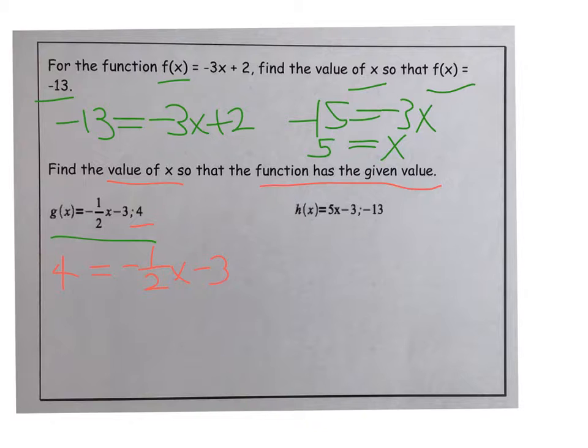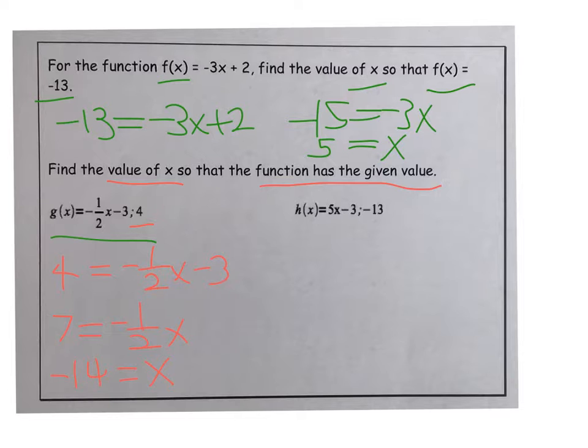So that means it's going to be this way. Then I'm going to add 3 to both sides. 7 is equal to negative 1/2 x. Multiply both sides by negative 2, or negative 2 over 1, to get rid of that. Or just divide by negative 1/2, same thing. So I end up with negative 14 is equal to x.